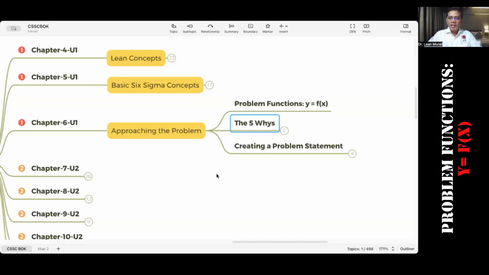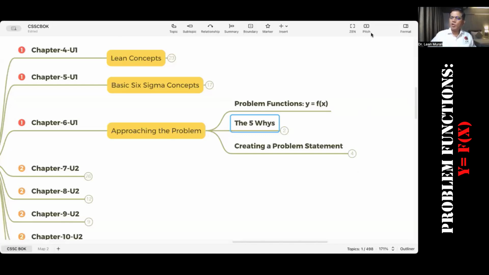All right, so y is equal to f of x. If you want to successfully start a Six Sigma project, it is crucial to identify and define the problem very, very clearly. We call this the independent variable.